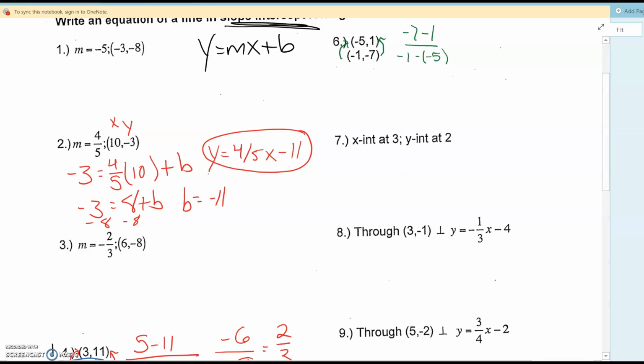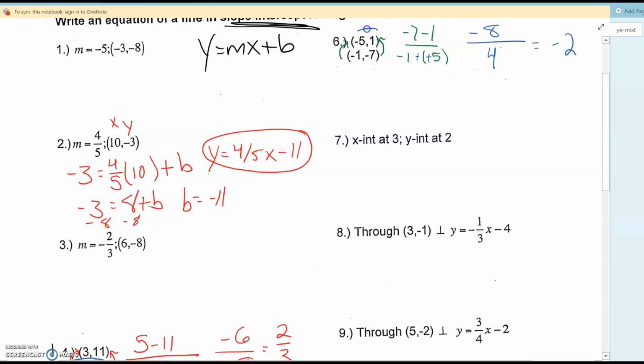Whenever I finish this, -7 minus 1 is -8, over -1 minus a negative turns to +5. So again, you could use your calculator for all of this. Just put -7 minus 1 up there, -1 plus 5. Equals, if you simplify that, it's just -2.